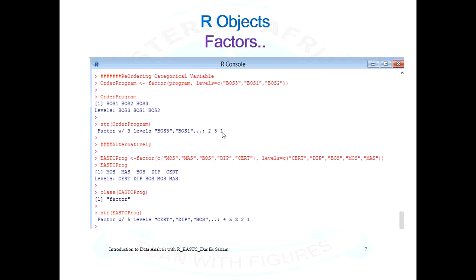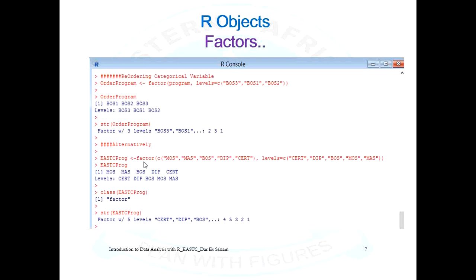Then after changing it to factors, you can still reorder the levels. Now, in the next function here, I want to show you that you can straight away make a factor without first having a vector, without going through all those steps.